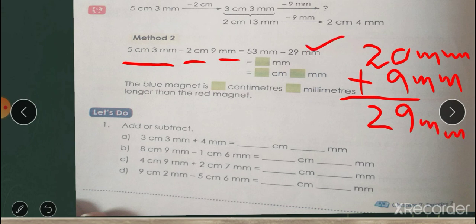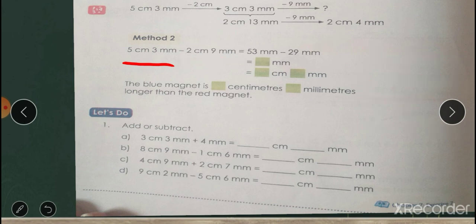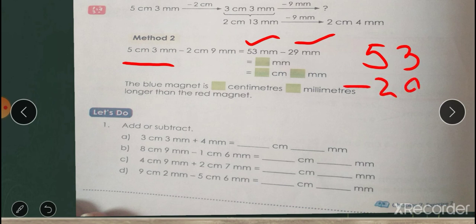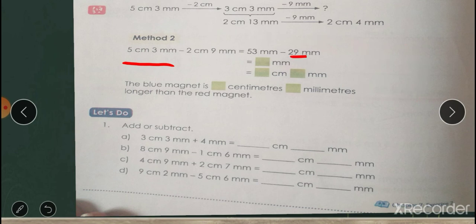Now the next thing we have to do is subtract 29 from 53. Let's subtract 53 and 29. If we take one carry, so 13. If we subtract 9 from 13, we would get 4, and here we have 4, so 2 subtracted from 4, that is 24. So if we subtract 29 millimeters from 53 millimeters, we would get 24 millimeters.